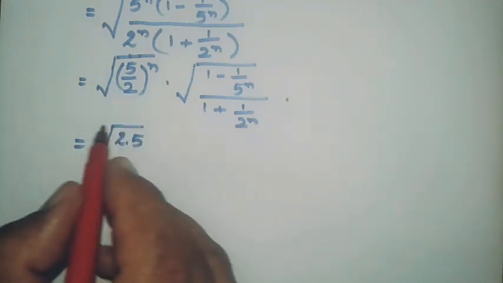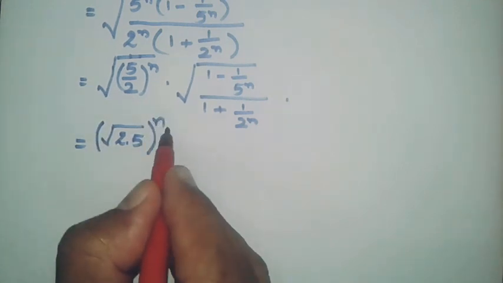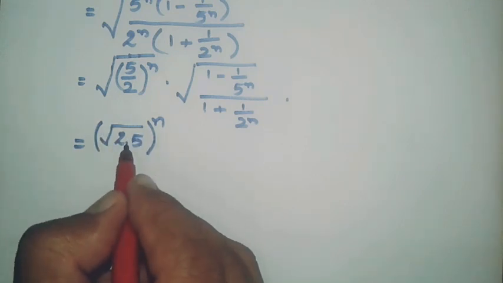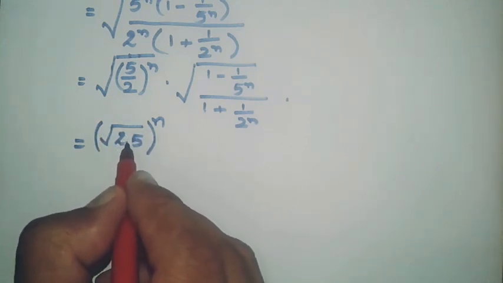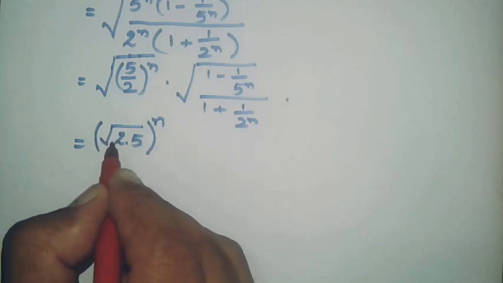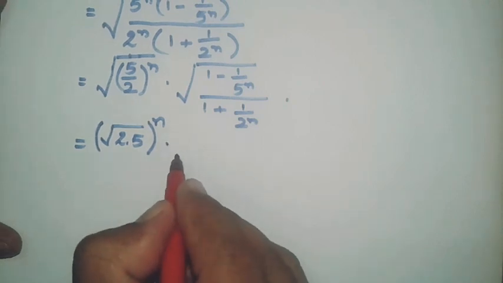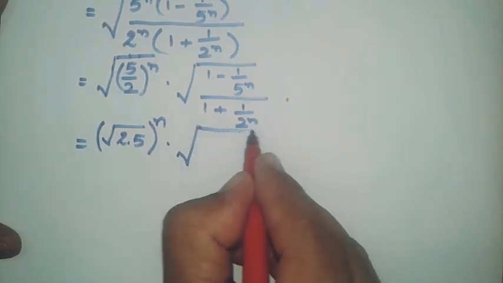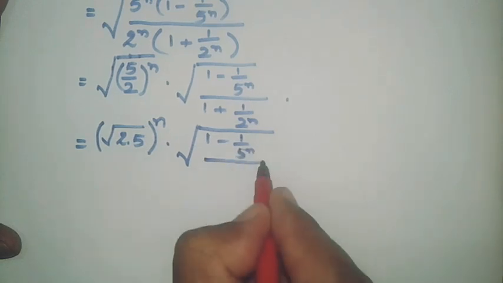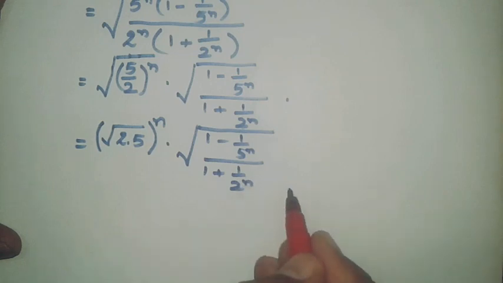To the power n can be written as whole to the power n here. So square root of 5 by 2 to the power n has been written as root of 2.5 whole to the power n. The remaining thing as it is, that is square root of 1 minus 1 by 5 to the power n divided by 1 plus 1 by 2 to the power n as it is.